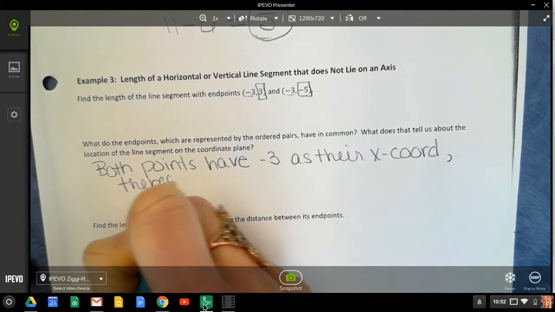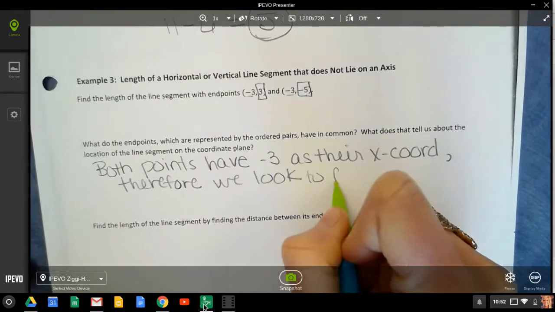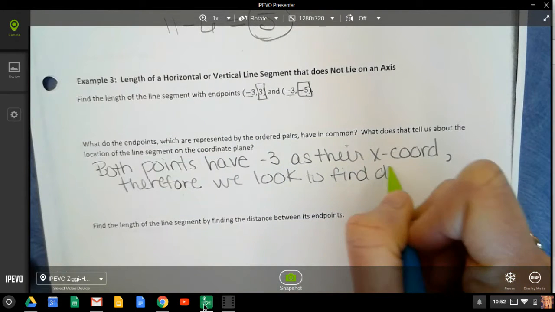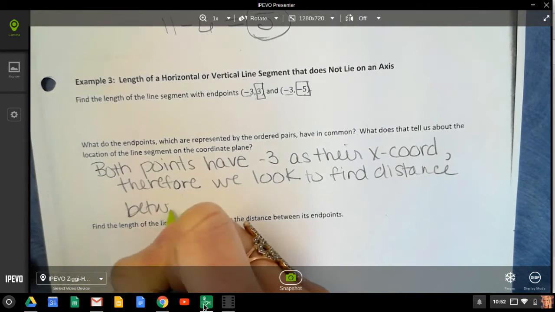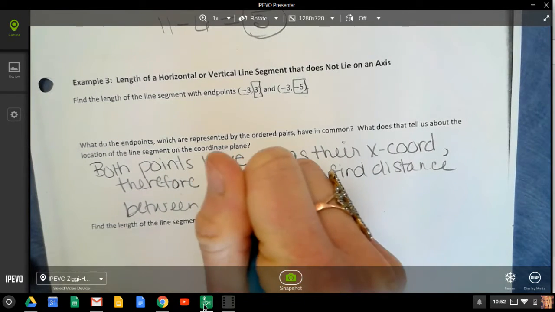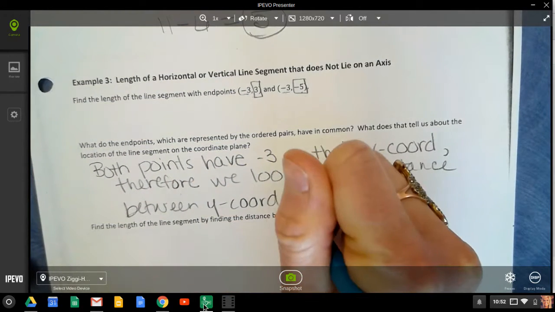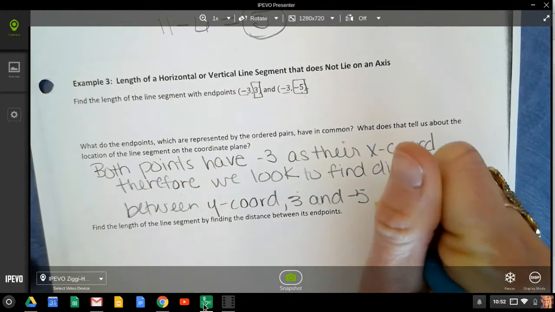Therefore, we look to find the distance between y coordinates, 3 and -5.